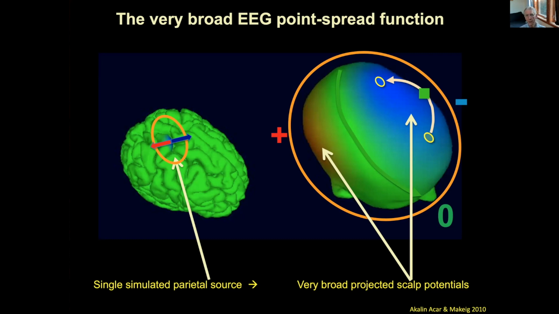If your two electrodes happen to be here, then of course this channel would record nothing from this source, because the voltage produced by that source is the same on both electrodes. If, however, this was your channel, well, it would be blue, that's negative, minus green, that's 0. So negative minus 0 is negative.